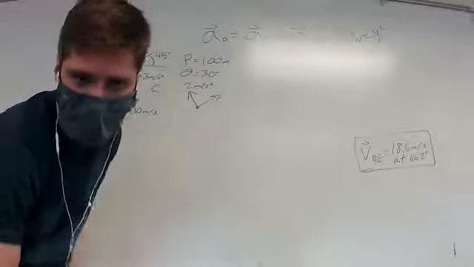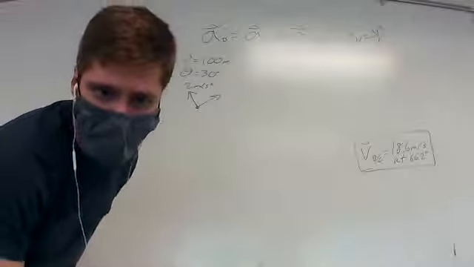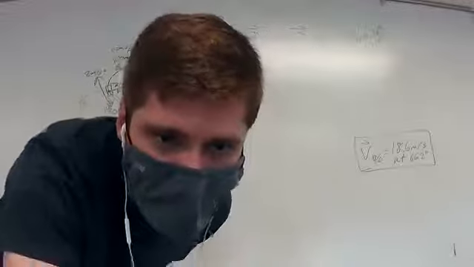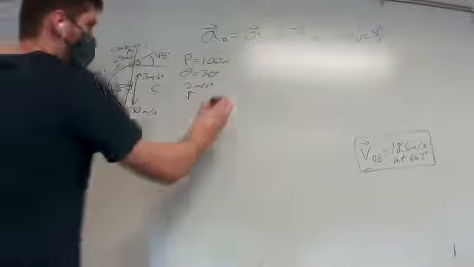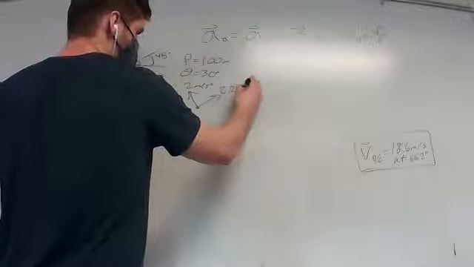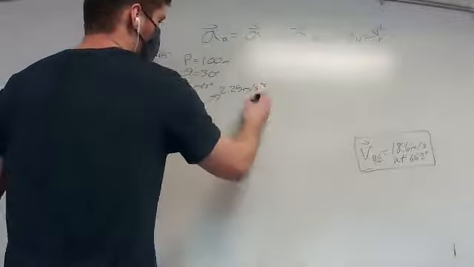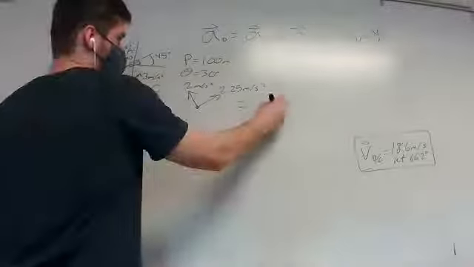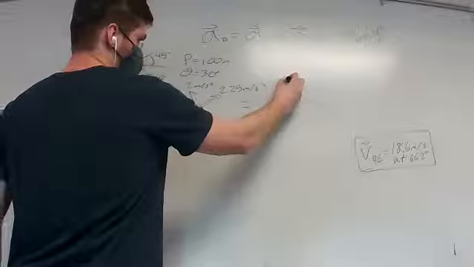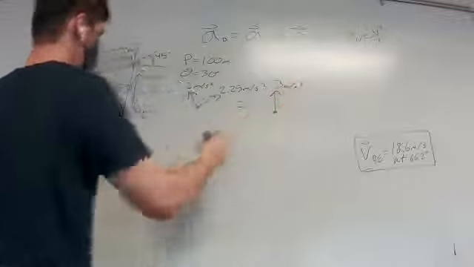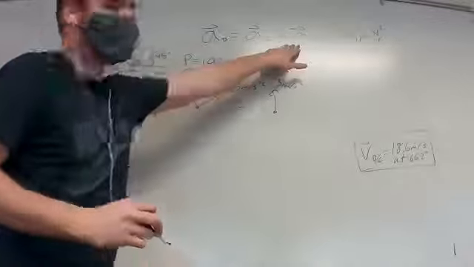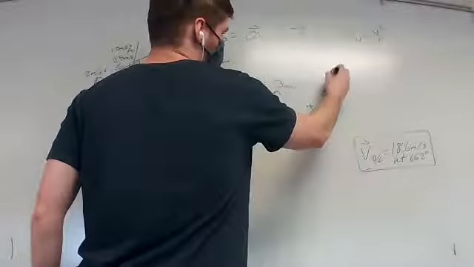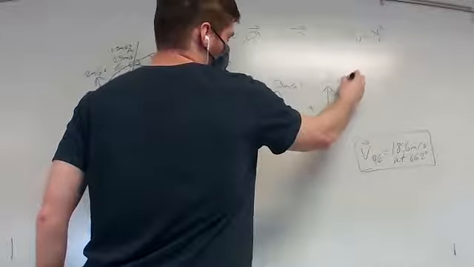So that's why I draw it that way. 2.25 meters per second squared. This is equal to the acceleration at C, meters per second squared, and the unknown acceleration of BC.